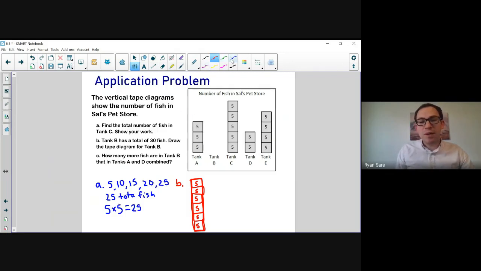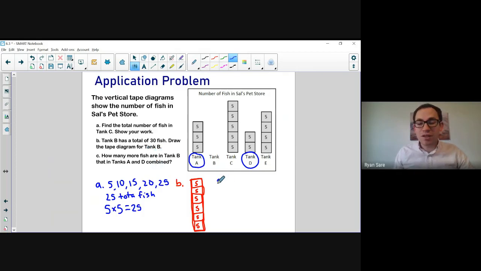Now part C, we'll switch back to blue. How many more fish are in tank B than in tanks A and D combined? So the first thing I need to do is I need to combine tanks A and tank D. I'm going to circle these ones. Tank A and tank D. And it's telling me that there are more fish in B, and I need to know how many more.